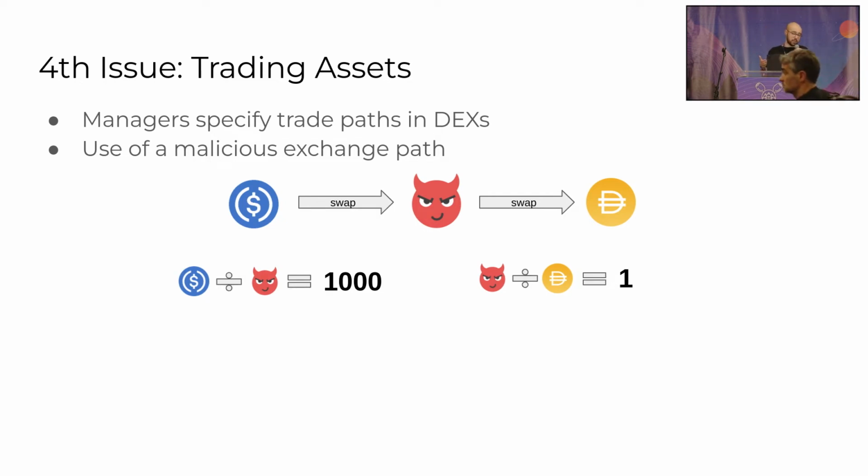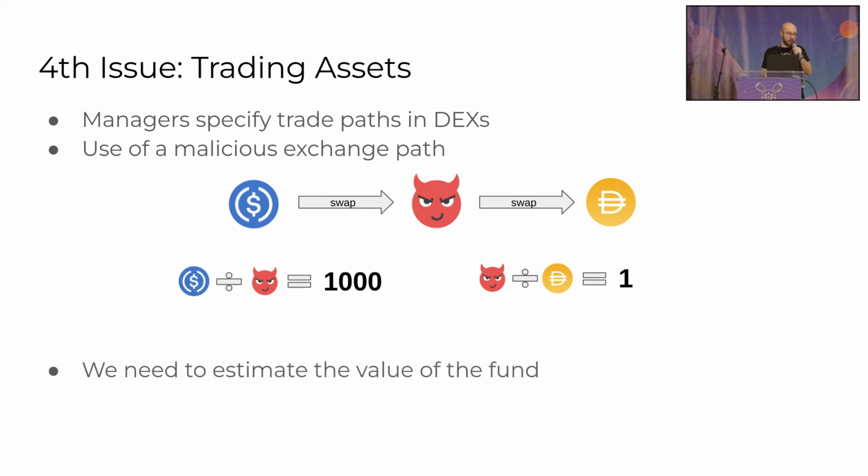Then, since again the manager controls this token, it can make it look like the malicious token is worth the same as DAI. So when we do the next exchange, we have, remember, only one malicious token, we will get only one DAI back. And of course, this is not what we want because we gave $1,000 and we got only $1 back. So there are many ways to mitigate this.